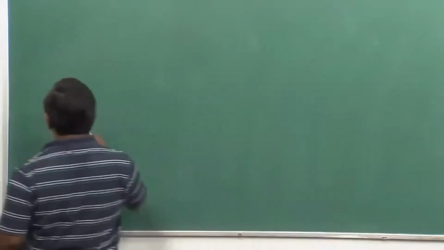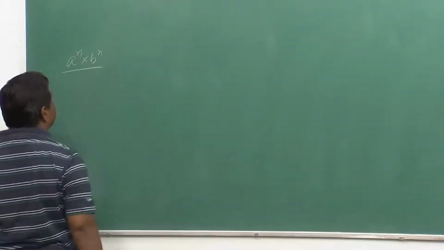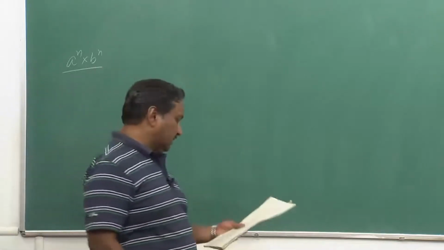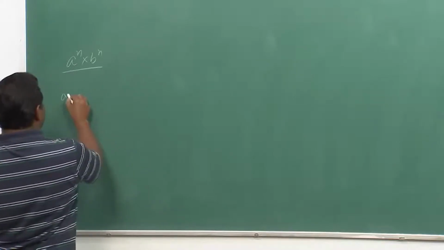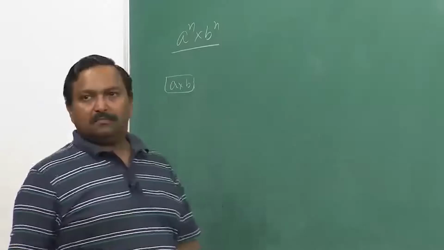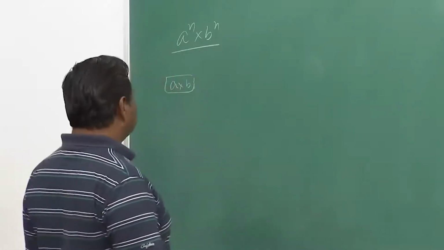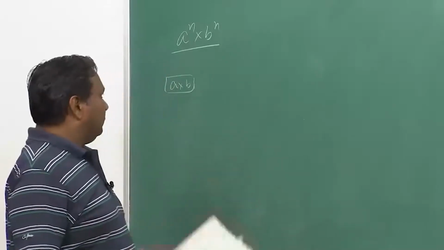So, let the delta network be of size a raised power n by b raised power n, built using multiple a by b switches. There will be a total of n stages, and each one will consist of a by b switches.